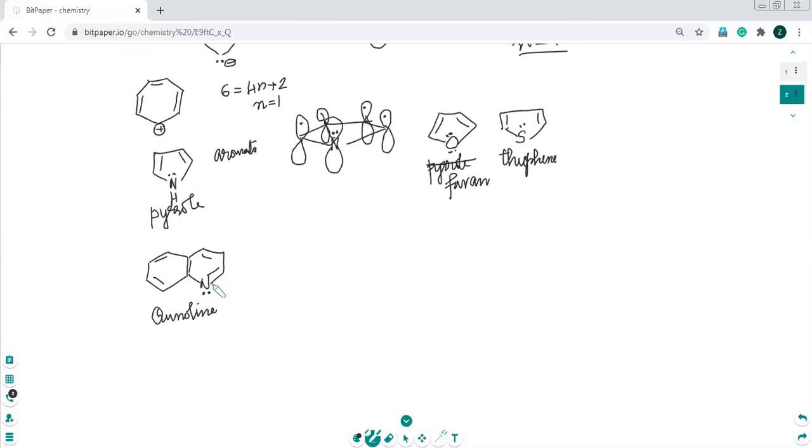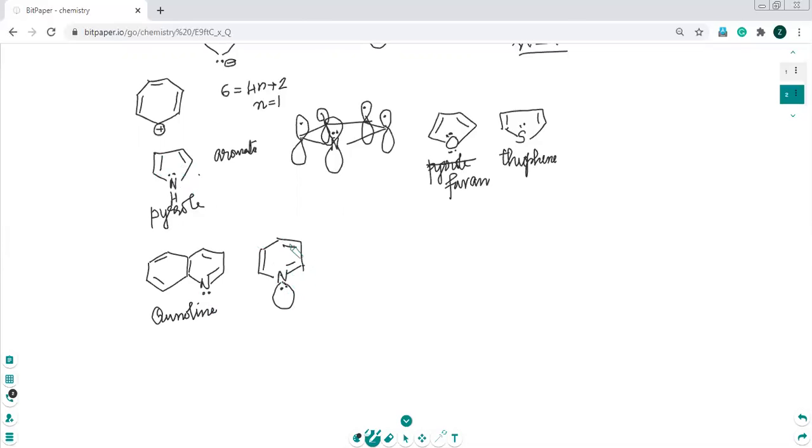See here, quinoline and pyridine. If you have a double bond already, the lone pair will not be part of this ring. Compare these two. Here there is no double bond, so this lone pair is part of the ring and becomes aromatic. Here there is a double bond between the nitrogen and the carbon, and therefore this is not part of the aromatic ring.